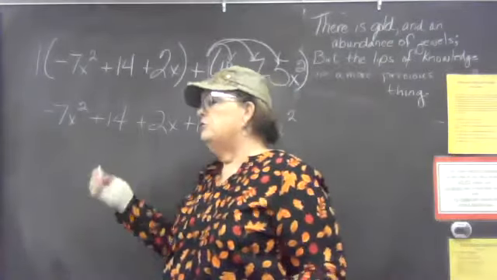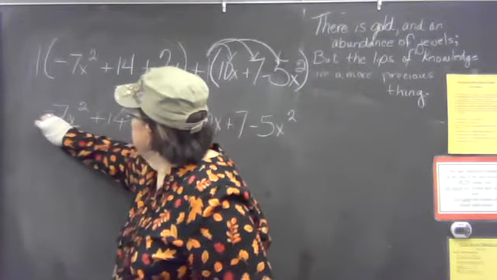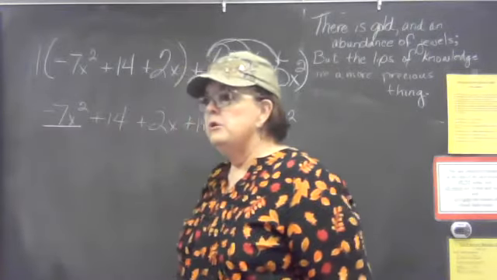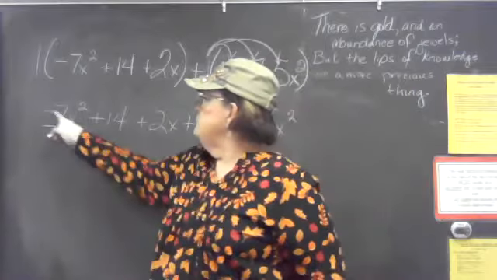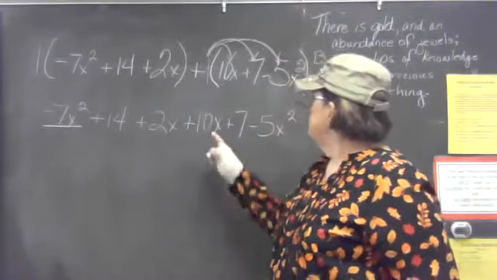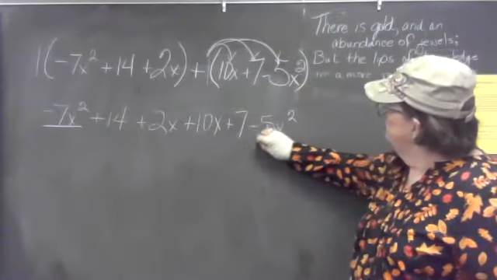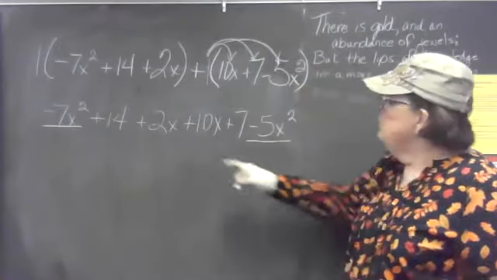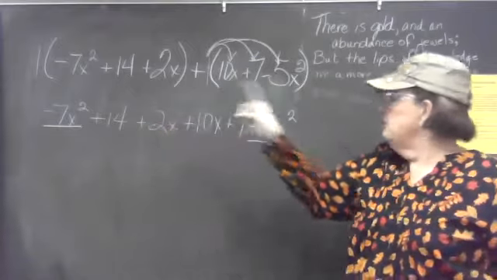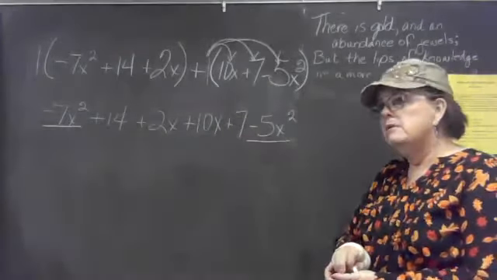So here's an x squared. We're starting with an x squared, okay? We're going to go all the way through and see if we can find any more x squareds. And remember, the sign goes with it. No x squared. There's an x, but not squared. Oh, here's one. Okay? So since that's an x squared and this is an x squared, I can put those together by adding them.